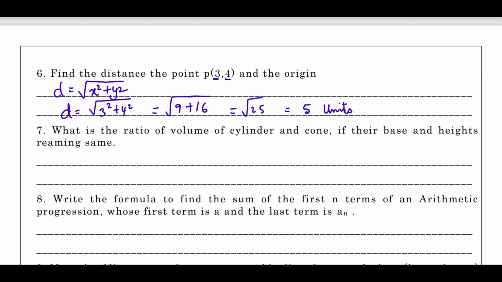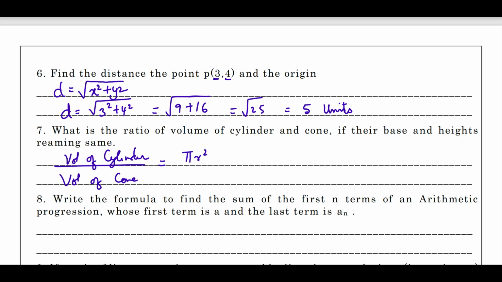What is the ratio of volume of cylinder and cone if their base and heights remain the same? We should find out the ratio of volume of cylinder by volume of cone, that is volume of cylinder divided by volume of cone. What is volume of cylinder?